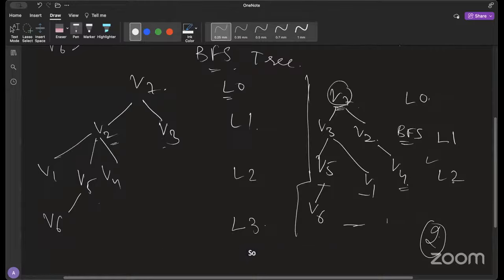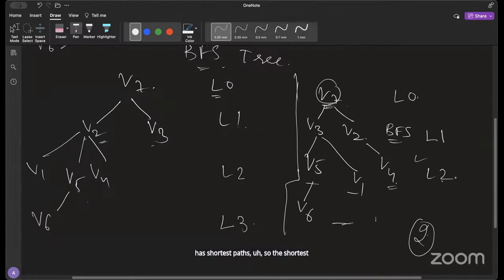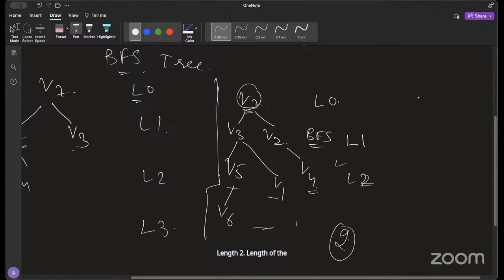So everything that's on level 2 has shortest paths of length 2. The length of the path is actually this. If you have V1, V2, and V3, then the length here is 2. So that's the length of path. So here, that length of path gives you the shortest path.